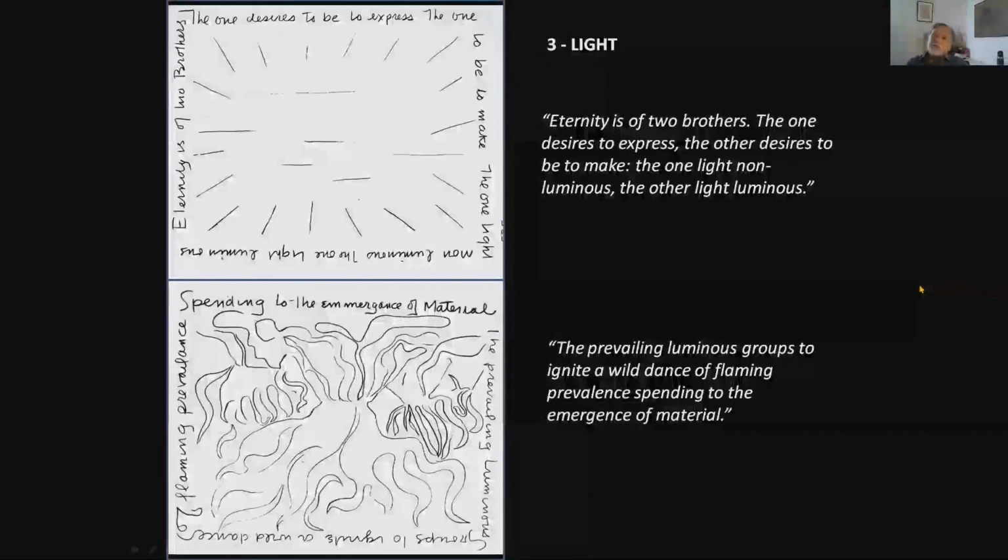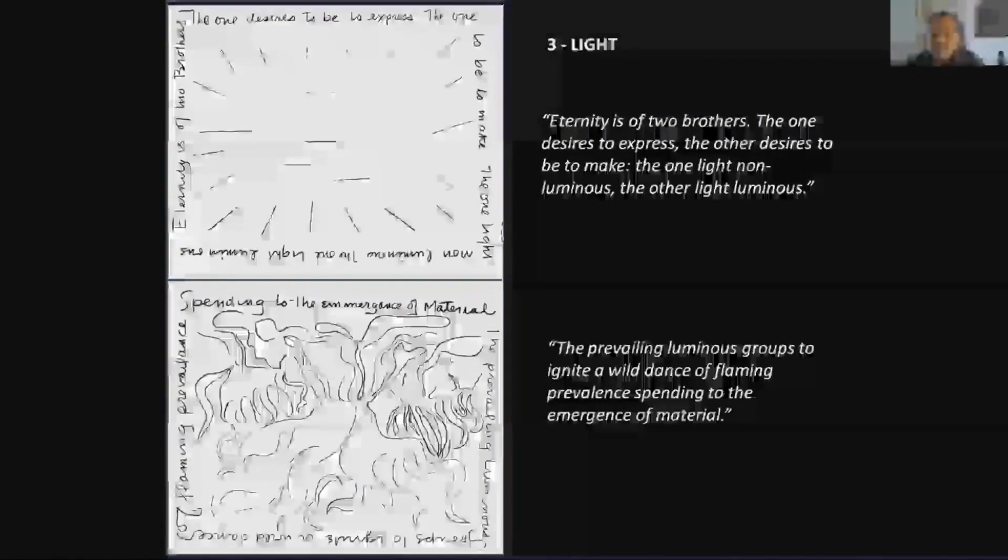The third element of light is equally philosophical, but it's very interesting. He sort of presented his notion of light through these two sketches, which are very cryptic, very difficult to understand.